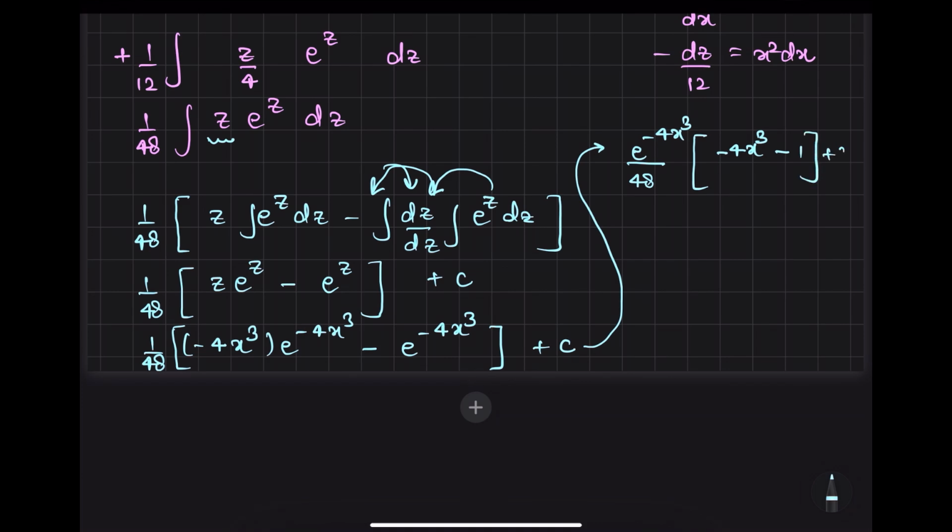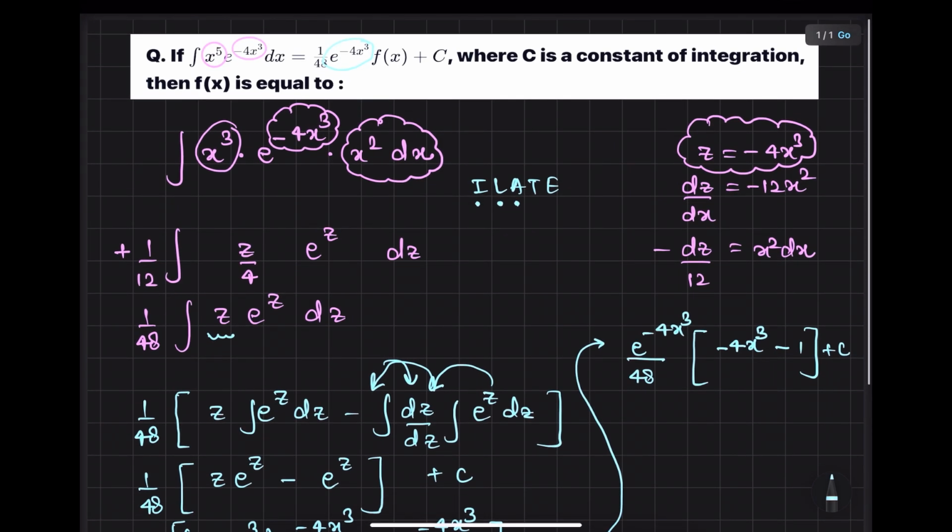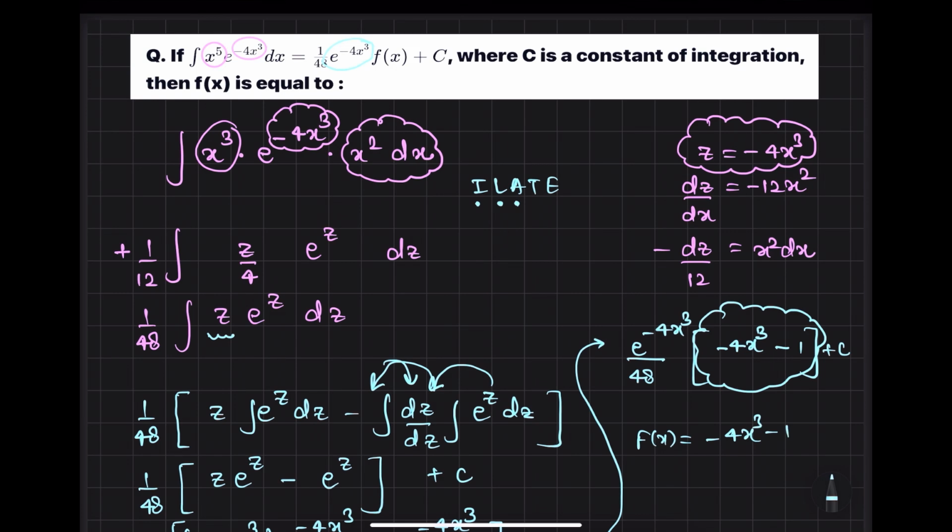Okay, plus integration constant c. So your f of x becomes this. Okay, so f of x is equal to e power minus 4x cube by 48 times minus 4x cube minus 1, plus c. I hope the idea is clear, and if you have similar situations, you can handle them accordingly. Okay.